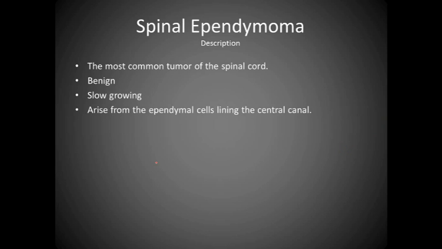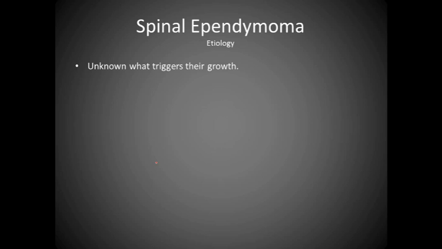So that brings us to a spinal adenoma. This is the most common tumor of the spinal cord. It's benign, slow-growing, and it arises from the epidermal cells lining the central canal. It's really unknown what triggers their growth, only that they do grow.